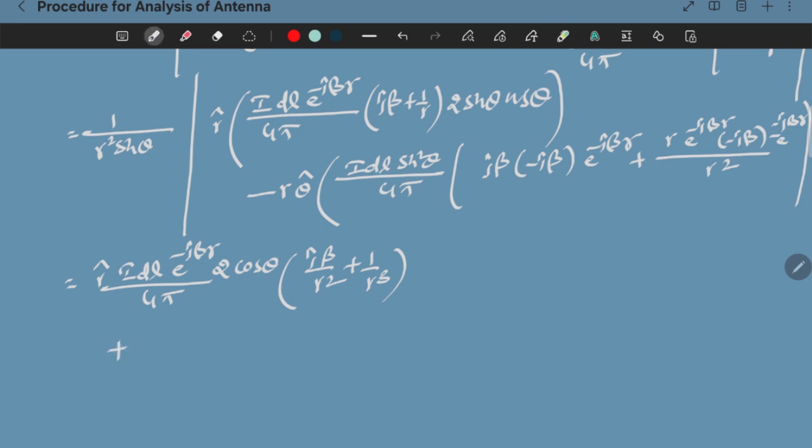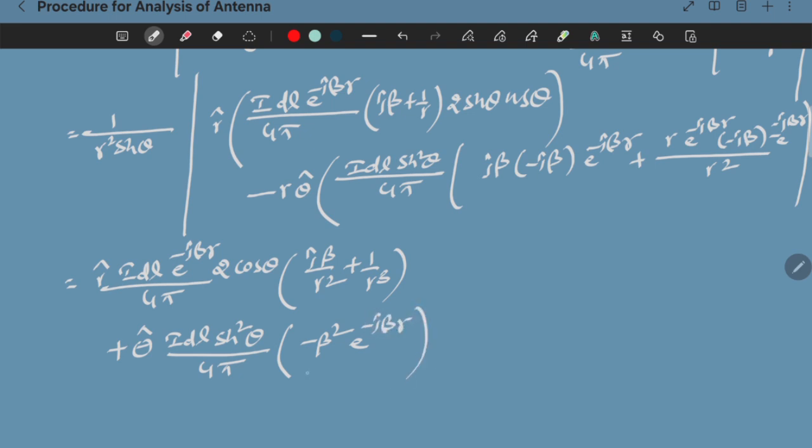So plus theta cap I dl sin square theta by 4 pi, minus is already gone, j square will be minus 1, minus beta square e power minus j beta r.